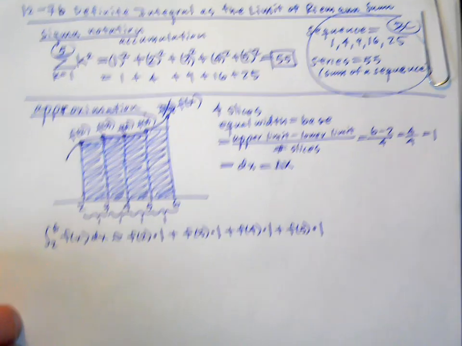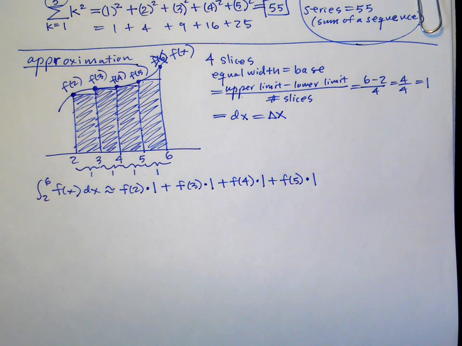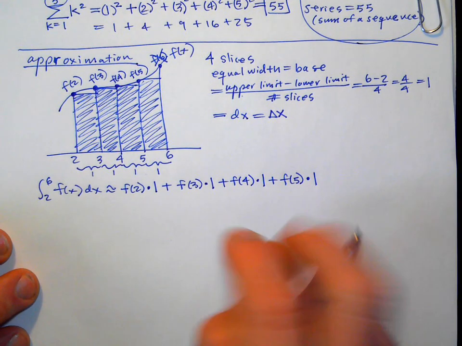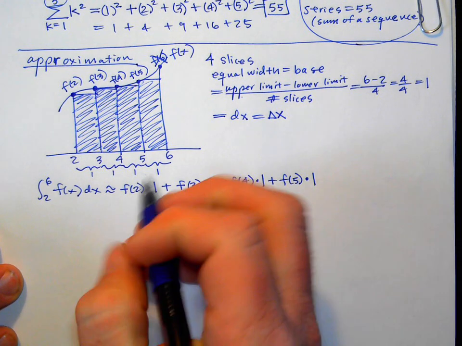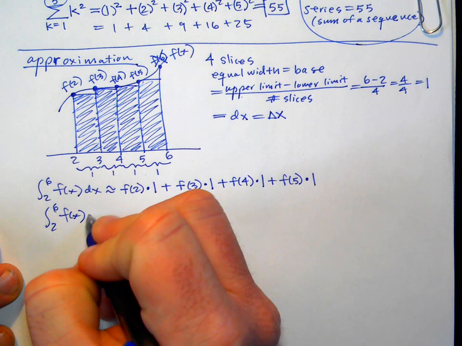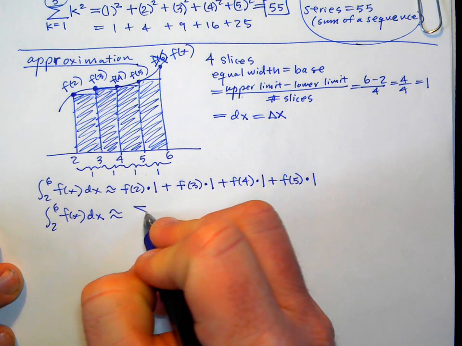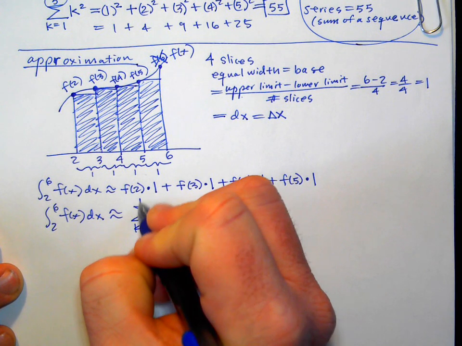Now, this is where we're going to try and bring in this sigma notation. What I want to do is say, okay, it's kind of like we have a pattern here, right? And so another way to write this is to say, okay, let's use this sigma notation. Start at k equals 1 and end at 4.